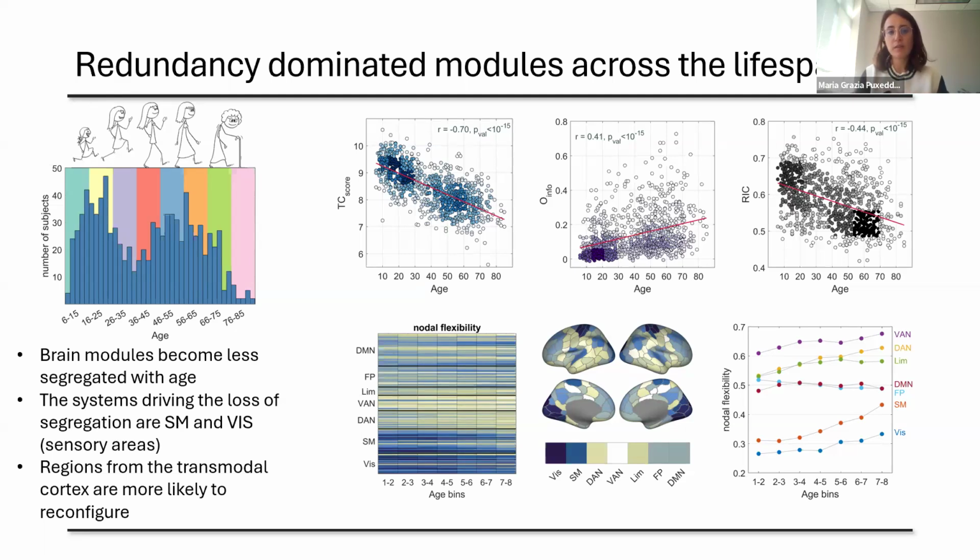And so on one side, we observe this loss of segregation in the sensory areas, but at the same time, we have this reconfiguration of areas that already had lower topological specialization. So yeah, but why it happens, like genetic causes, I don't know. That's something one could investigate. Yeah. Very cool. Thank you.